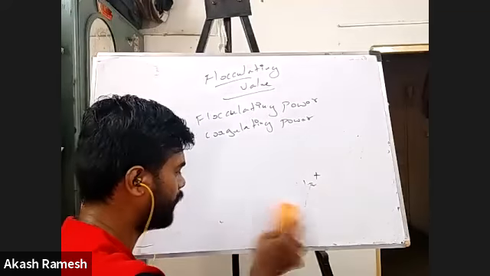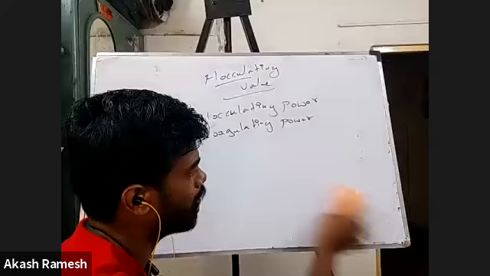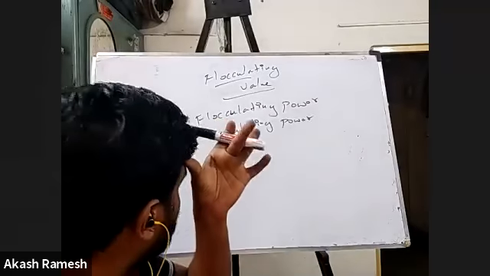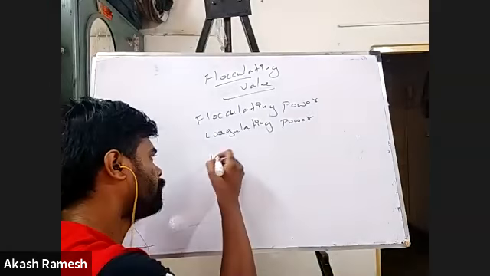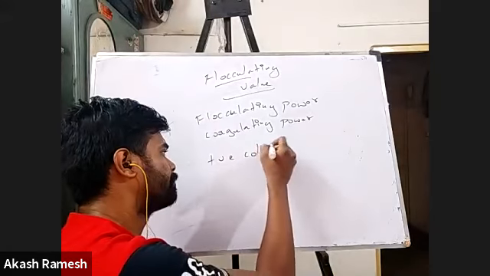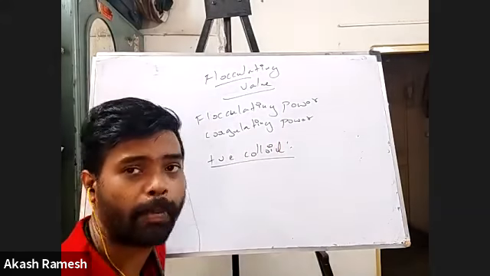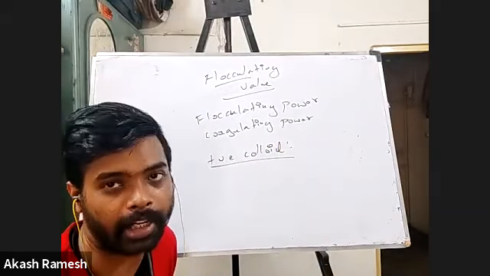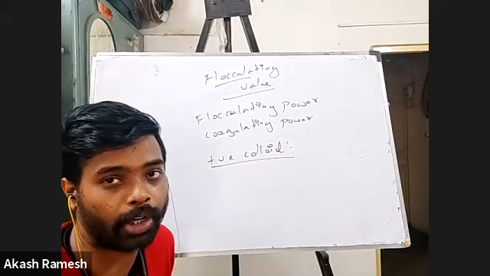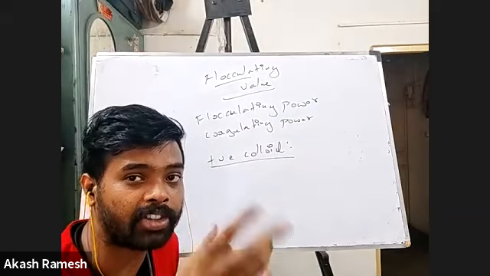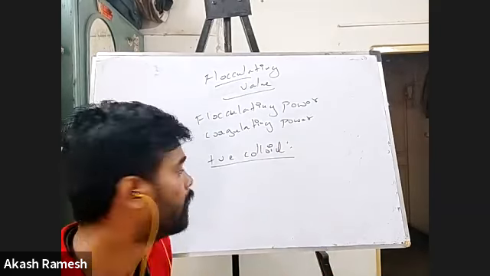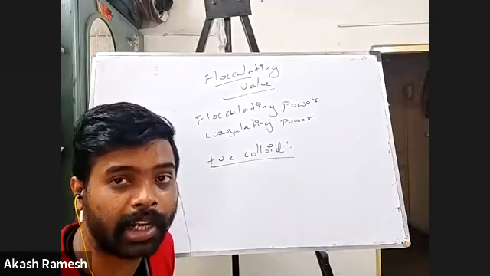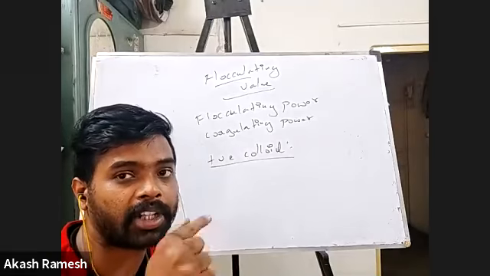So how do we compare the flocculating powers of different ions? Please understand that for a positive colloid, you need to use a negative ion for it to coagulate. I already told you, the oppositely charged ion should be added in order to have precipitation. If the colloid is positively charged, you need a negatively charged electrolyte.